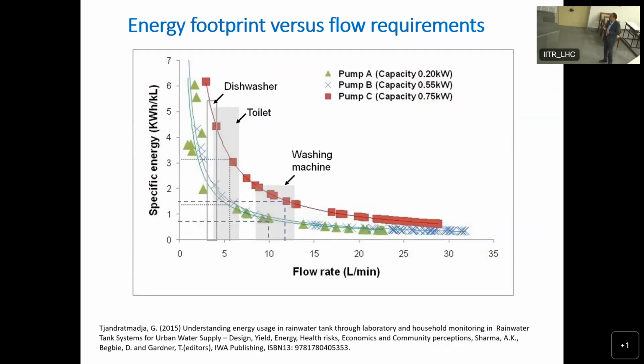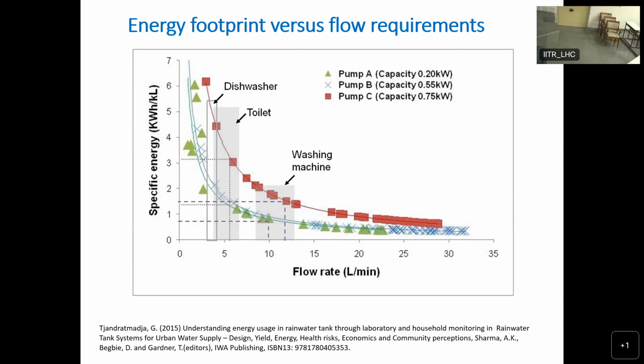This is what we plotted based on different sizes and different washing machines, collecting water, and we can estimate it based on the flow rate. When the flow rate is high, the energy consumption is low, but these appliances need a certain flow rate.